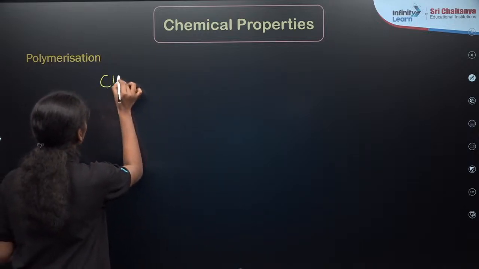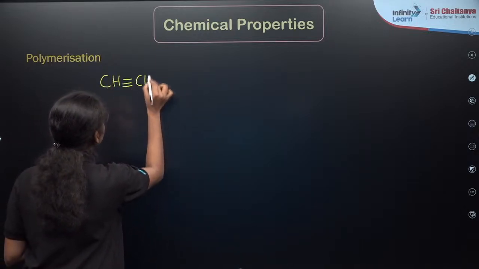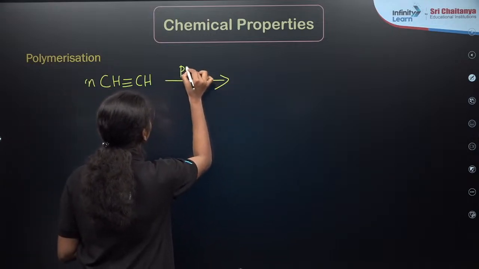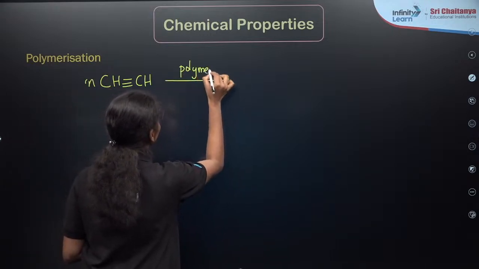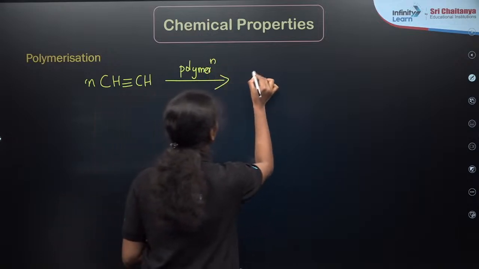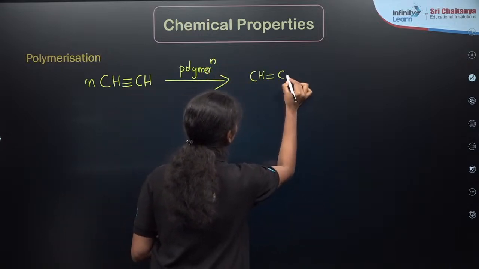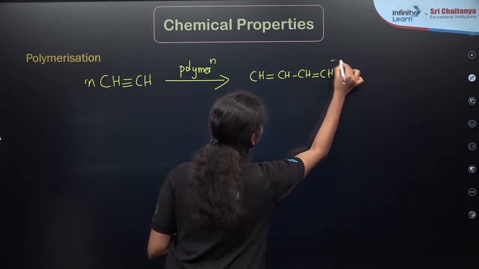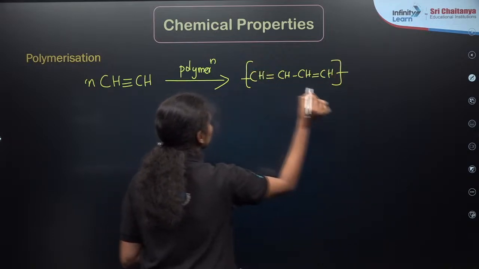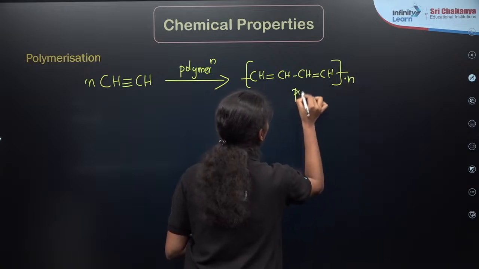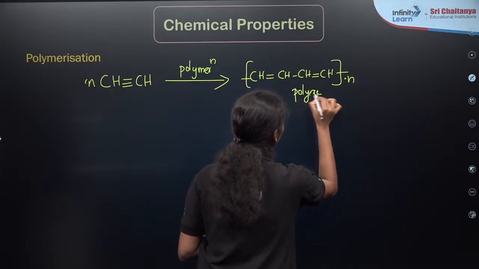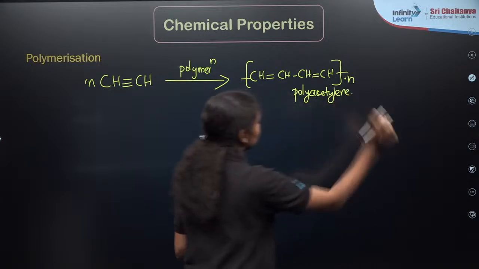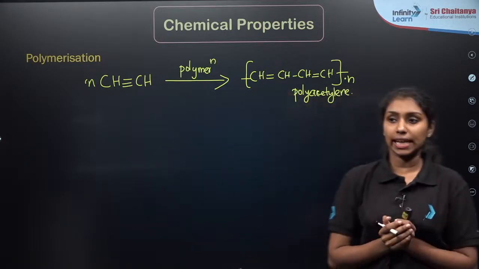For example, if I am taking CH triple bond CH, that is our acetylene molecule, n molecules, if they undergo polymerization, it will form a polymer like this, polyacetylene. This is the method of linear polymerization in the case of alkynes.